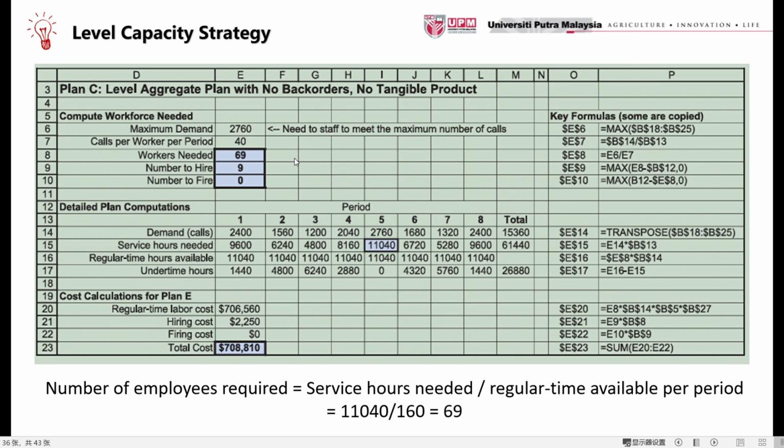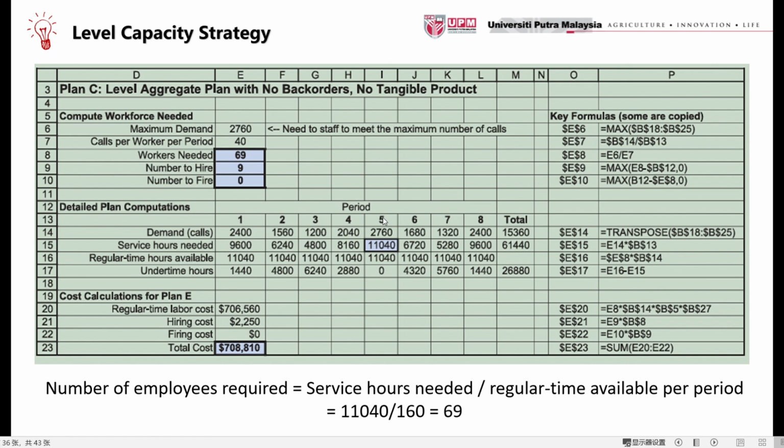In the first plan, we can use the level capacity strategy. This means that we need to recruit enough staff. Because the company's product is the service, they will not have inventory, so we only need to focus on the maximum number of service hours needed.